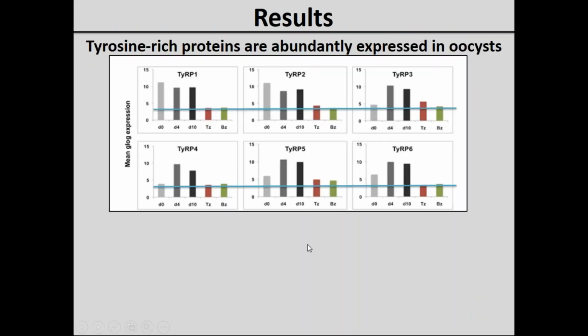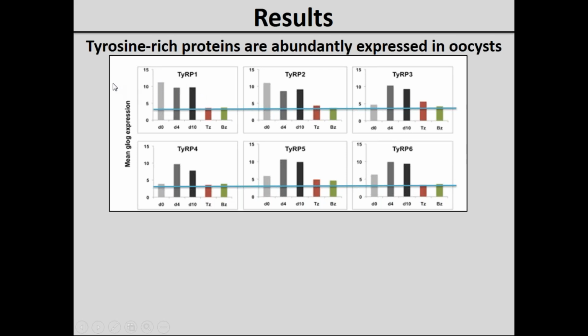Tyrosine-rich proteins are known to form disulfide crosslinks, and in other organisms, under appropriate conditions, form sort of a hardened matrix that protects organisms from environmental stressors. So all of the tyrosine-rich proteins that I identified were either abundantly expressed in early stages of oocyst development, sort of mid-stage development or late-stage development, or uniformly expressed throughout.